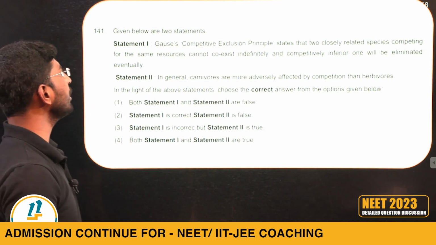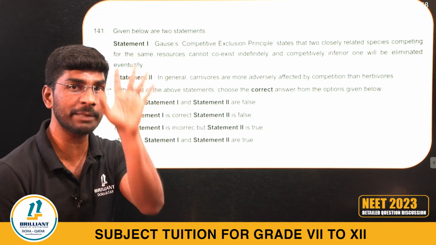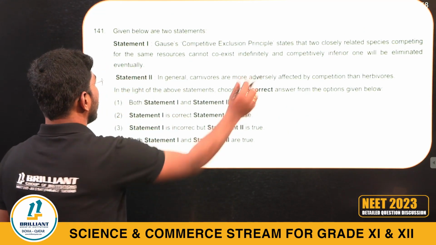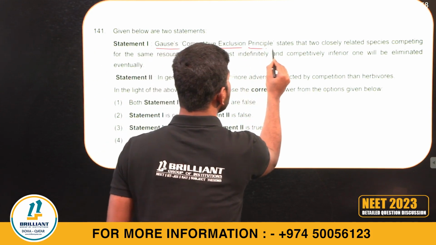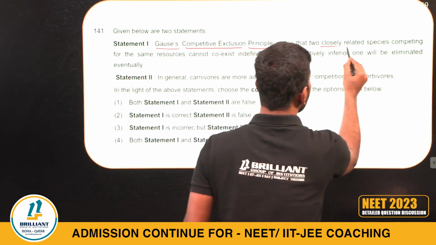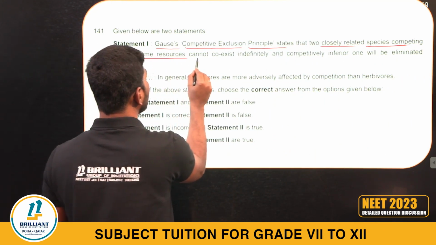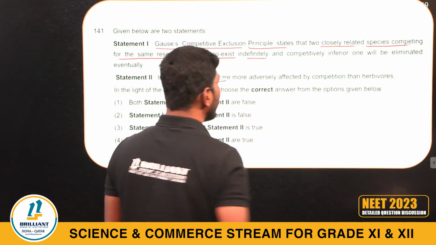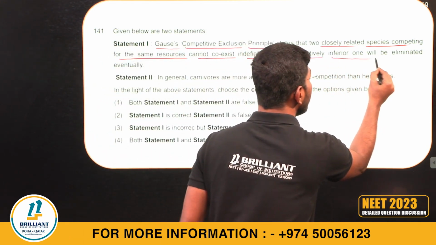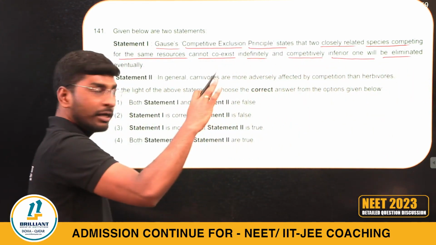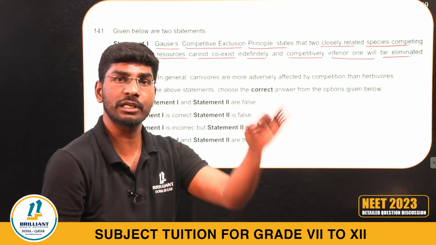141. Given below are two statements. Again, a statement based question, as I told you, from organism and population. Gause's competitive exclusion principle states that two closely related species competing for the same resources cannot coexist indefinitely, and the competitively inferior one will be eliminated while the superior one will dominate. The statement is absolutely correct.